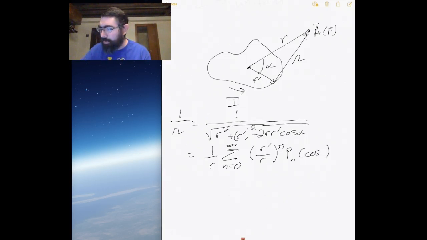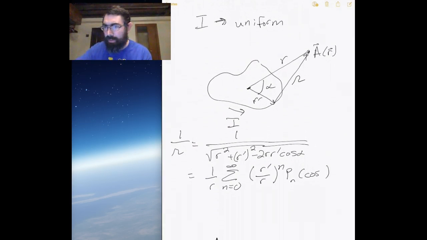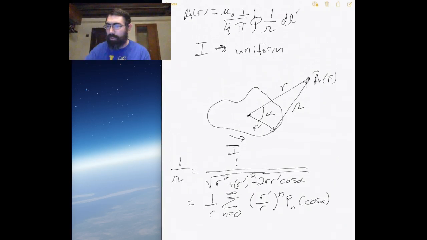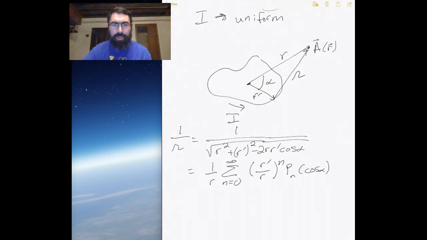And I should be careful, that's not theta, that's alpha. So then what we can do is take that 1 over script r and plug it into our formula right up here, and then integrate.